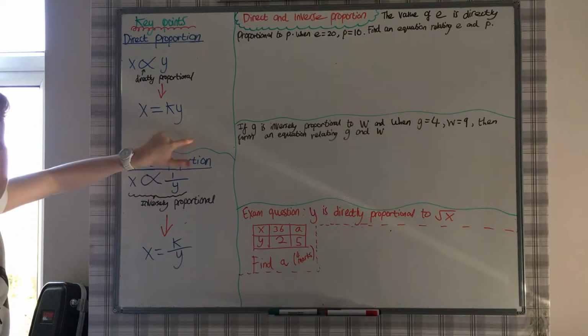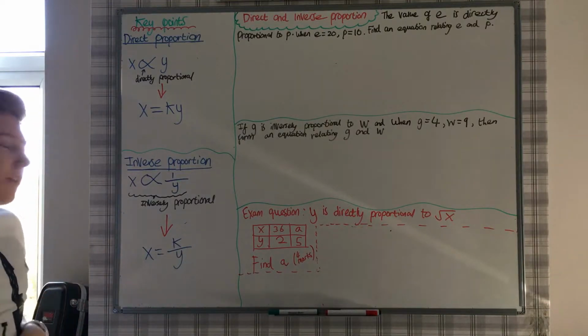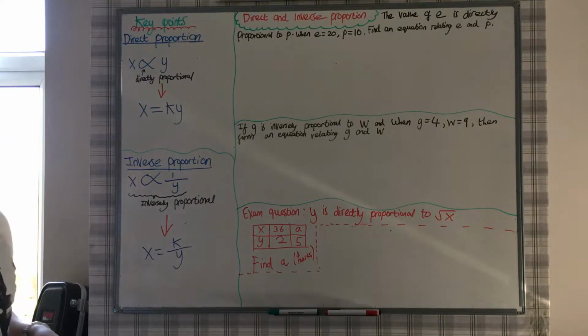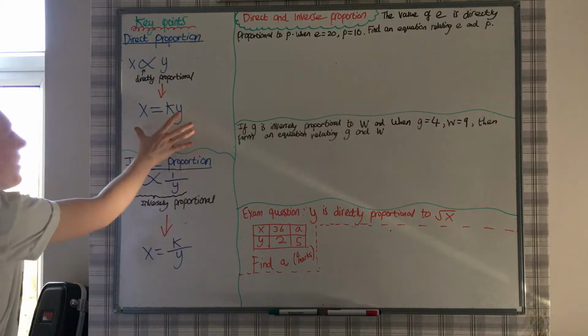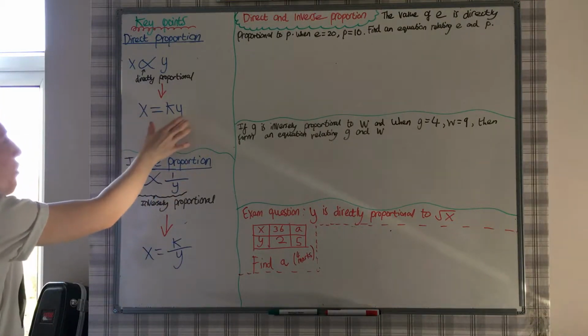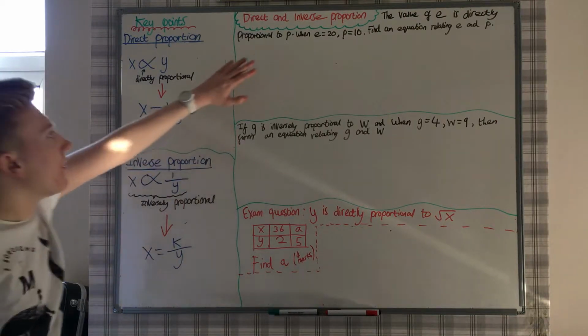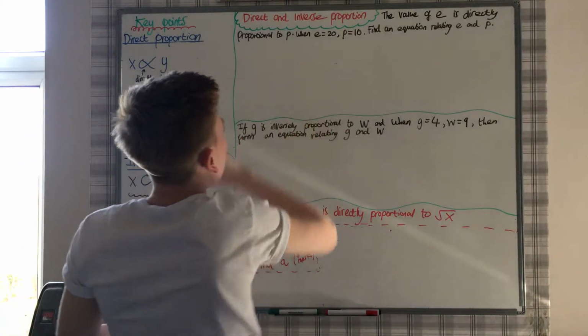So instead of them being multiplied together, the constant is the numerator of the fraction and y is a denominator. And the k, as I say, is just a constant value, an integer. And we call it the constant of proportionality. It's what tells us how much x goes up as y goes up, or vice versa, as x goes up as y goes down.